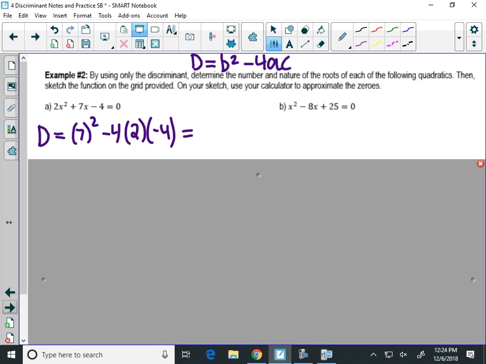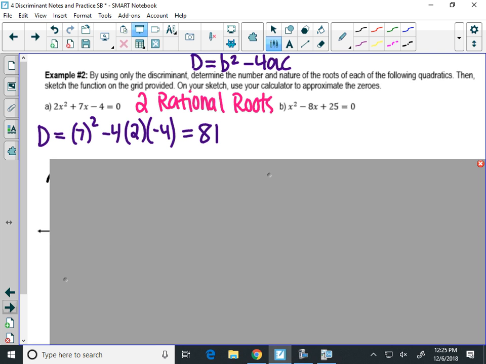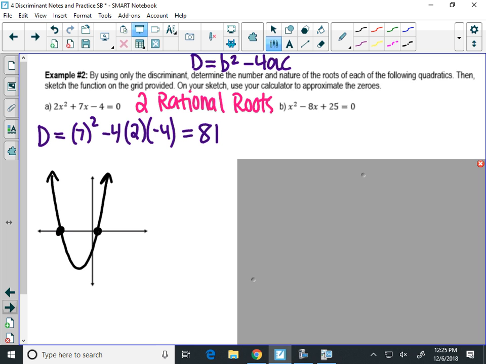What do you get as the discriminant? 81. Now, 81 is a perfect square. So without flipping over, see if you can remember. What kind of roots will this have? 2 rational. So you're going to have 2 rational roots here. Okay, so write that down. And then here's the picture for you. That's what your graph's going to look like. Okay, so if you want to sketch that on your paper, that's fine. That's the picture of your graph.